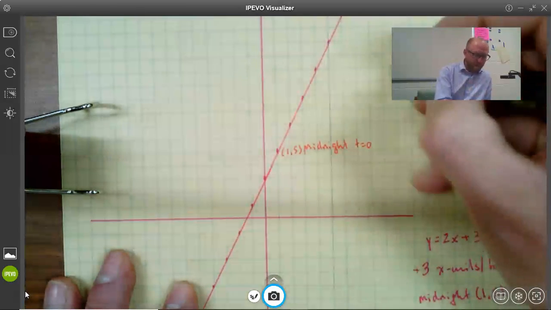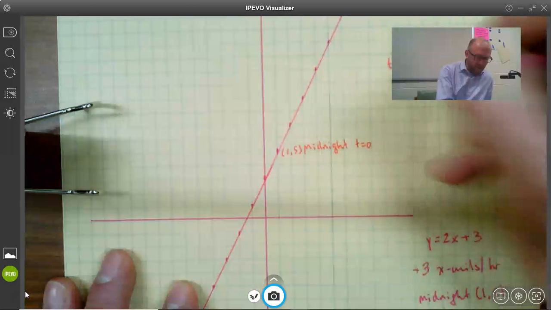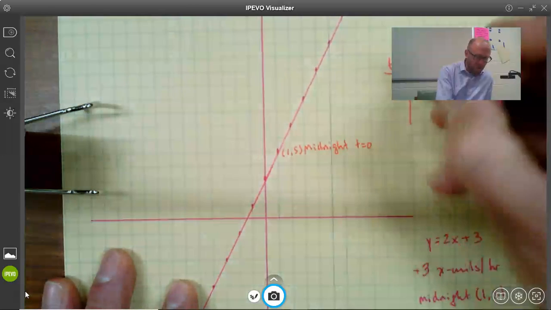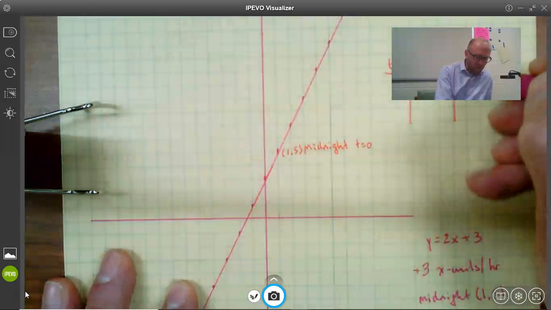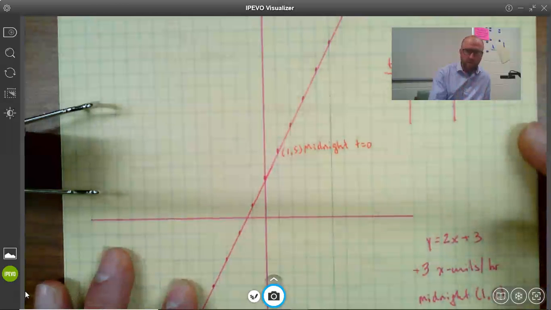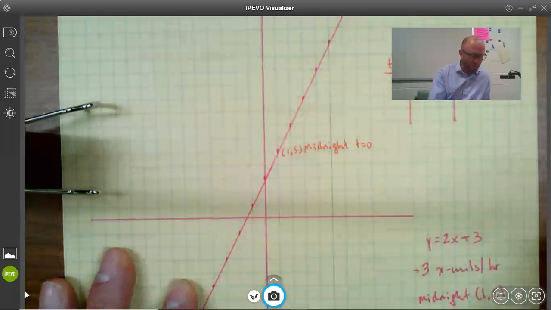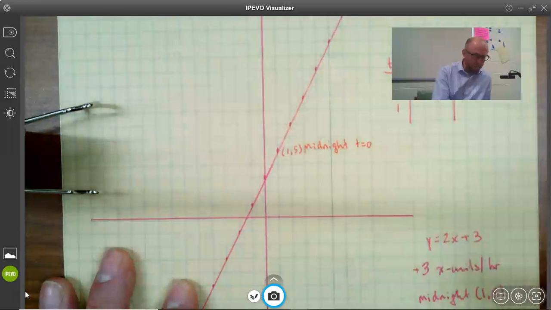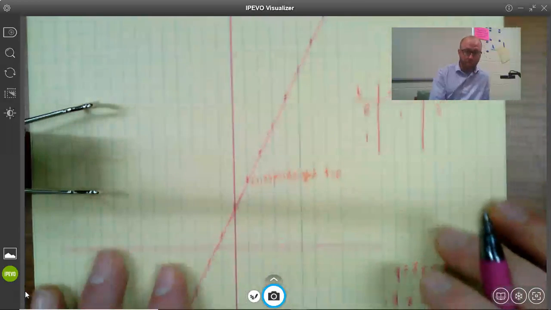I've got t, x, y. At time 0, we're at (1, 5). We need to figure out where we are at t equals 1, which is 1 hour later.